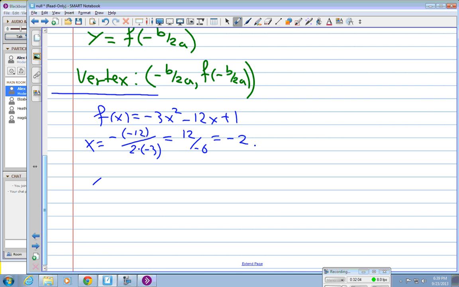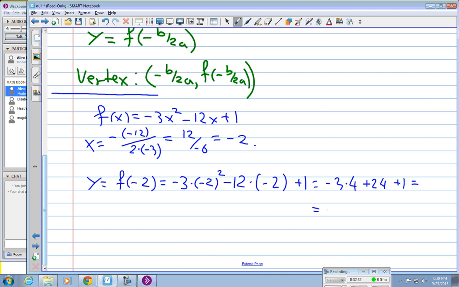Now the y value, I'll just have to compute my function at negative 2. So that is negative 3 times negative 2 squared minus 12 times negative 2 plus 1. So plug that value into your function to get the y value. So that's negative 3 times 4 plus 24 plus 1. So negative 12 plus 25, so 13.